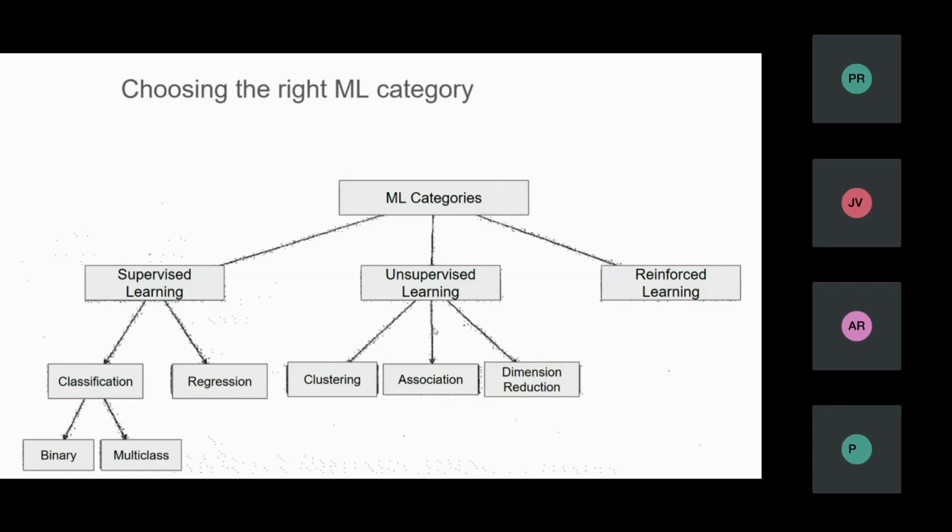In unsupervised learning, we have clustering, where the data points which have similar properties are grouped together in a cluster. In association, the association between the data points is created.